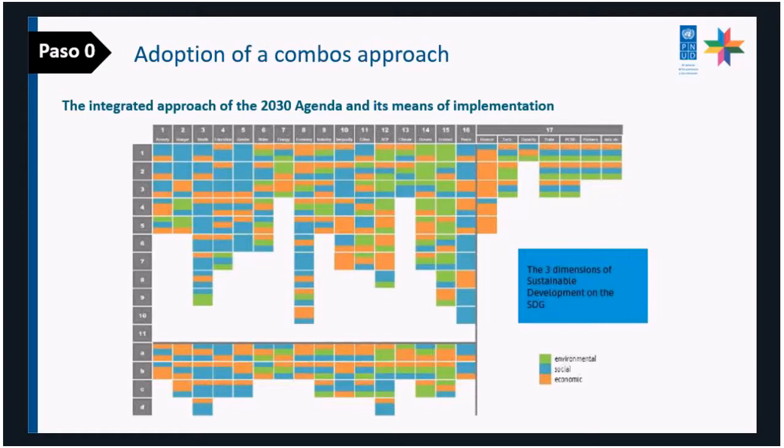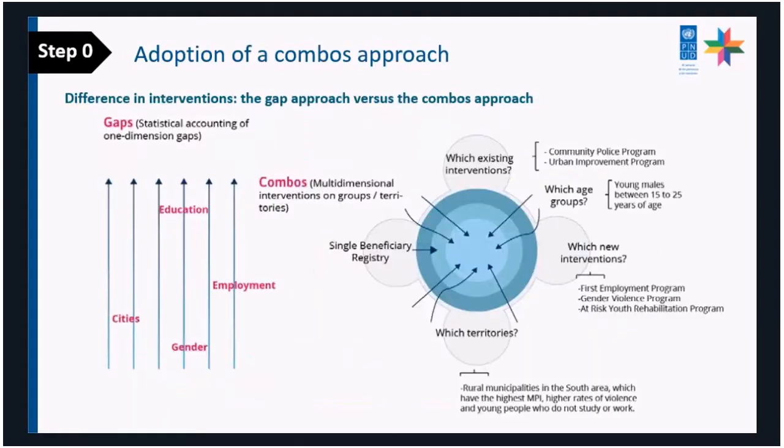When we first started thinking about the Combos approach, what we wanted to do is look at it side by side with what we used to do. And on the left, you see the GAP approach. On the right, you see the Combo approach. The GAP approach is what the UNDP has been doing for the Millennium Development Goals agenda, the MDG agenda.